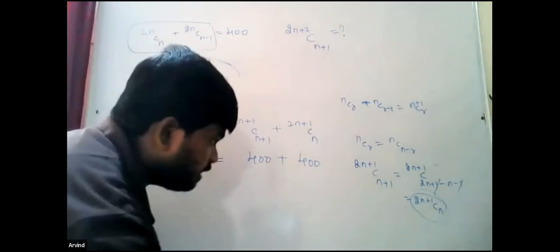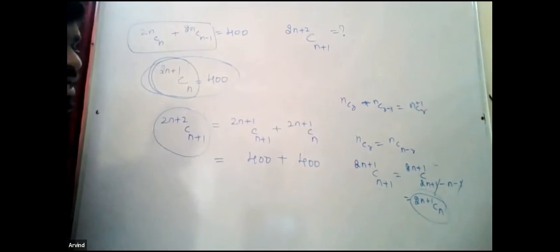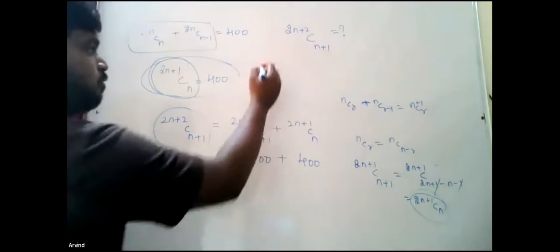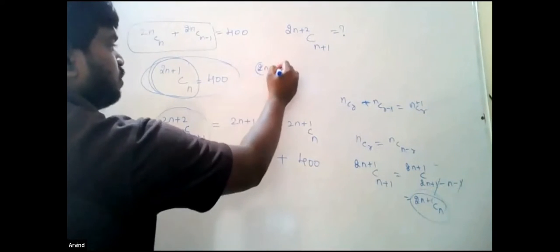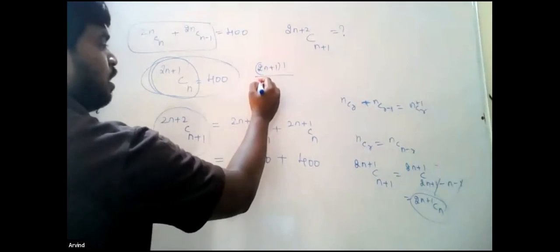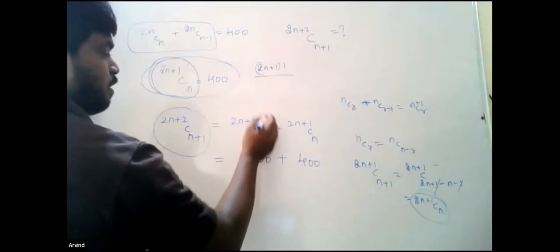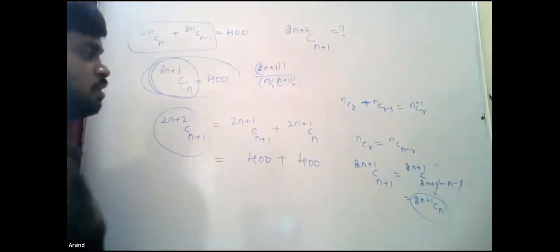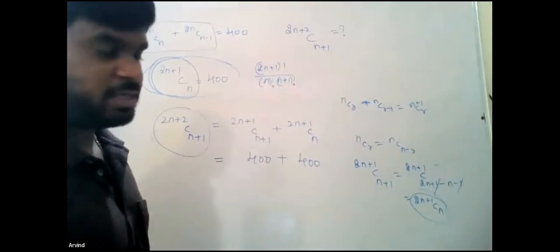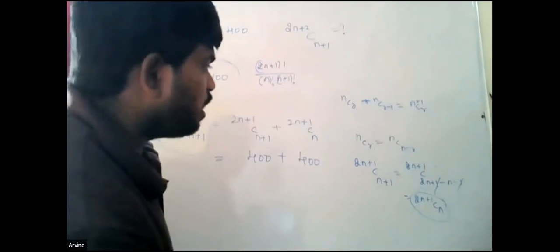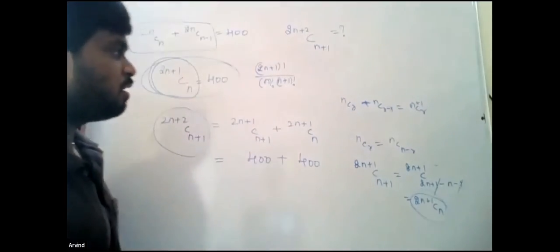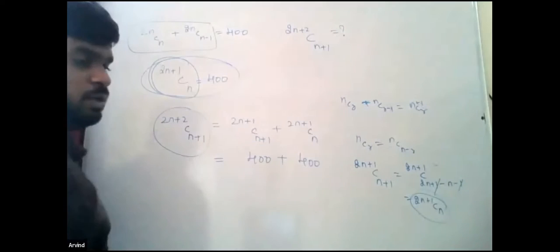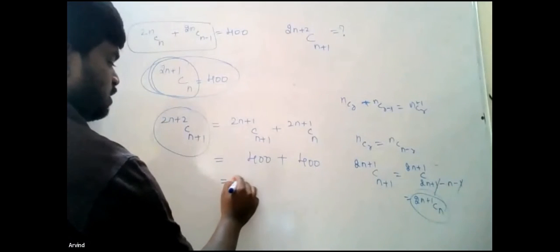If you did not understand this, expand it and see, you will get the same. This expansion using the formula gives 2n plus 1 factorial divided by n factorial into n plus 1 factorial. If you expand this also you will get the same expansion. From that itself it is clear that these two are equal. So both are equal. So 400 plus 400 is 800. So that's the answer.